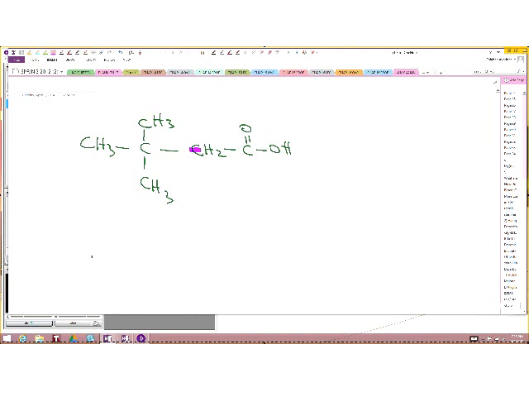Okay, another question for you. Supposing I have this. Can you make this either from malonic ester synthesis or acetoacetic ester synthesis?